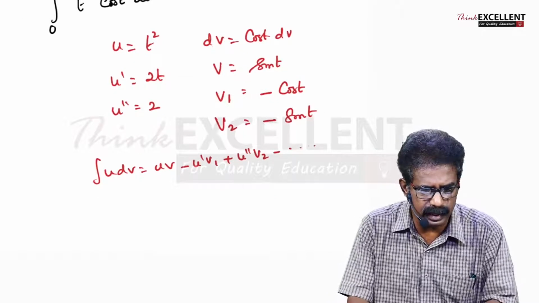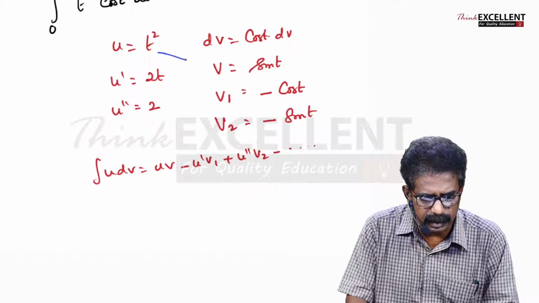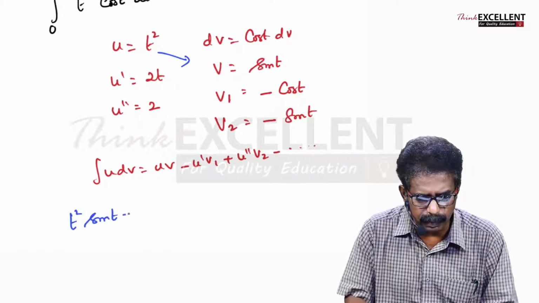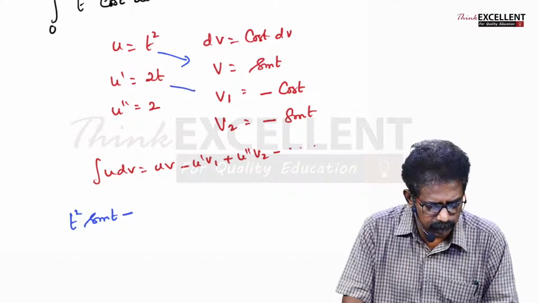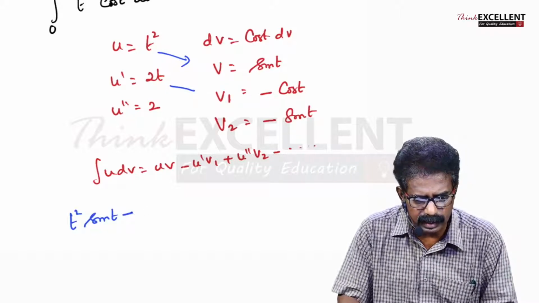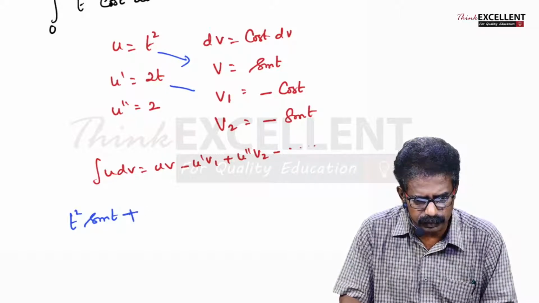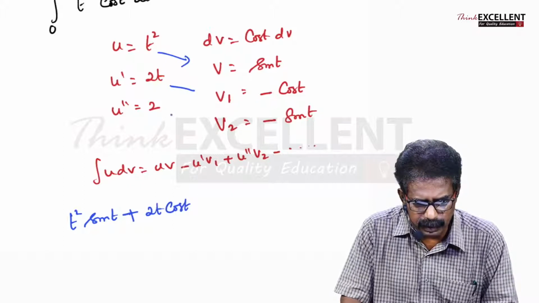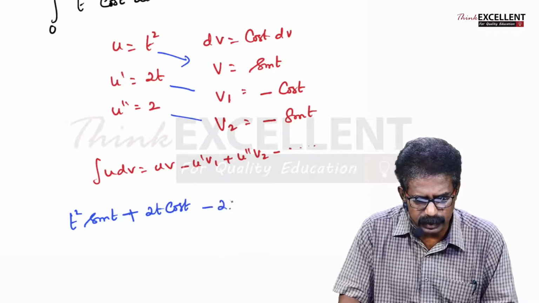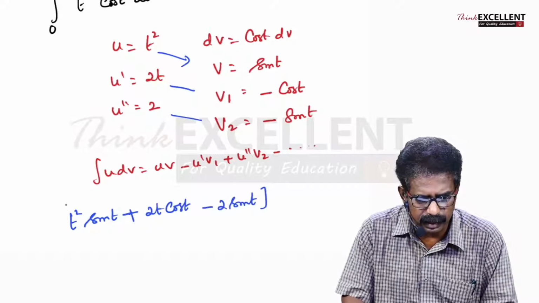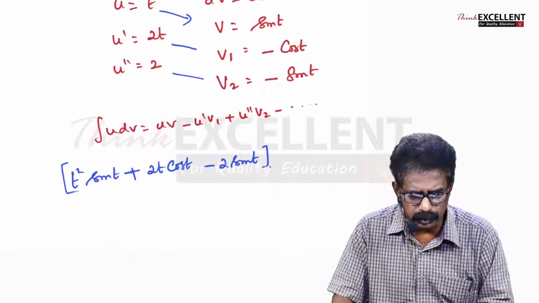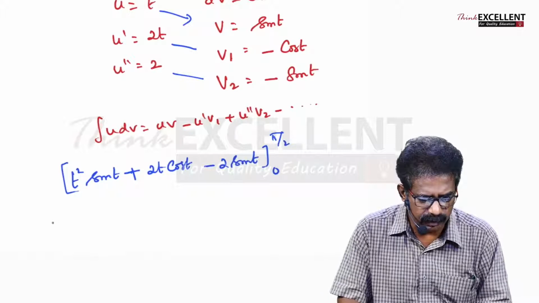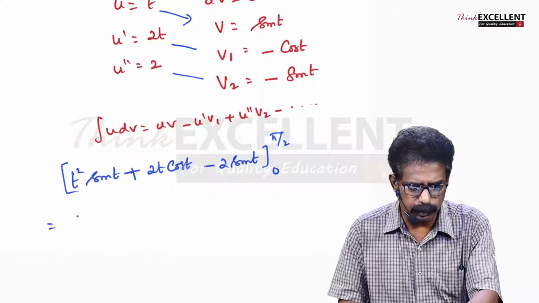So when you apply that here, your answer is u into v. Multiply these two, t square sin t. t square sin t minus u dash v1. You multiply these two, u dash v1, so minus into minus, plus 2t cos t. Then again plus, you multiply these two, plus into this minus is minus 2 sin t. That's all. Limit you apply 0 to pi by 2. Now we give the upper limit first. Wherever t comes, you put pi by 2.